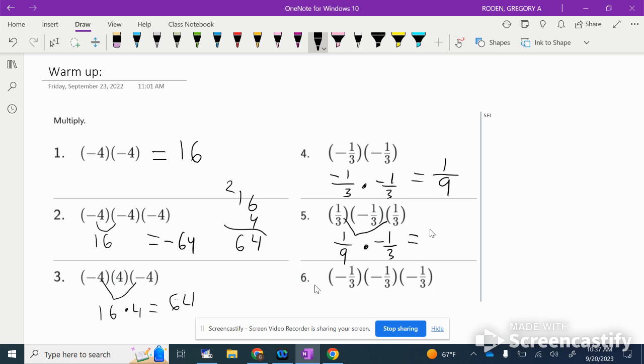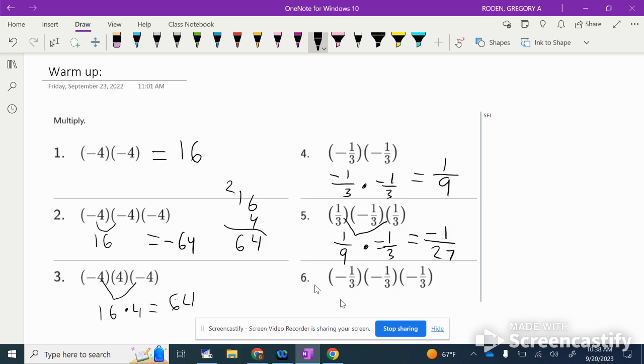If they're different, it's going to be a negative result. Then I have on the bottom 3 times 9. What's that going to give me? 27, but my negative is just on my 1, Connor. You see that? So it's positive 3 times 9. 27. My negative is already there. So the answer is negative 1 over 27. Got it?